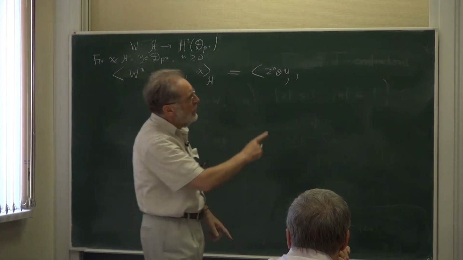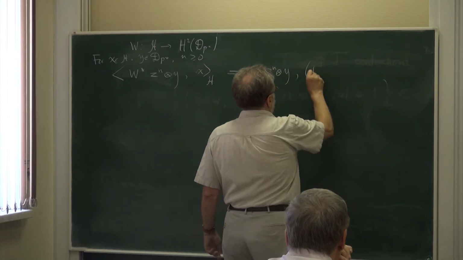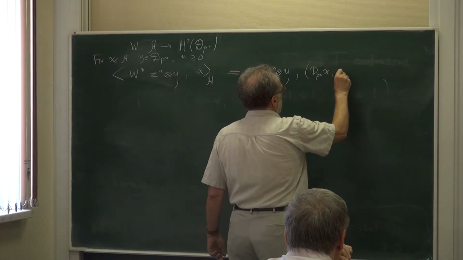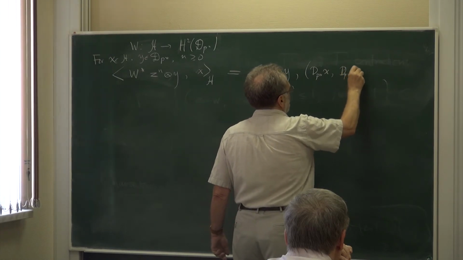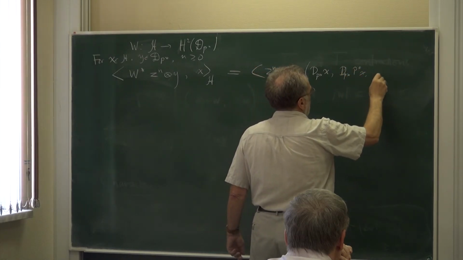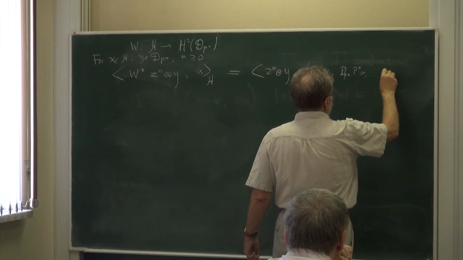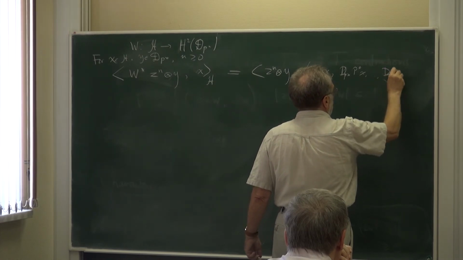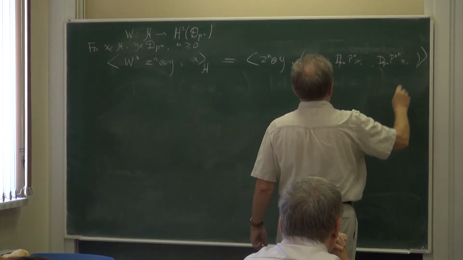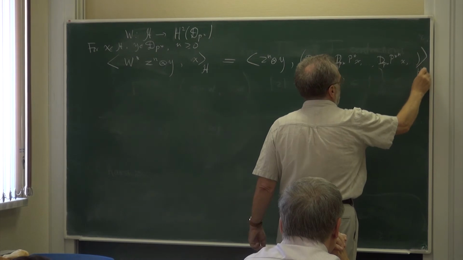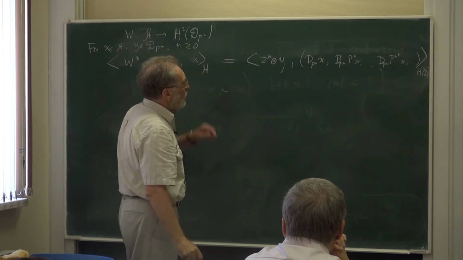And Wx is D_P* x, D_P* P* x, and so on, and corresponding to Z^n we would have D_P* P*^n x in H2 of D_P*.